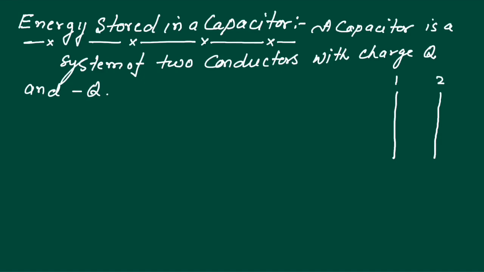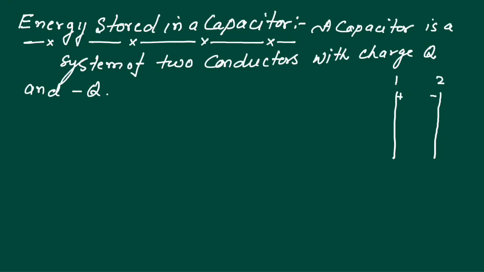So when we first transfer positive charge from plate 2 to 1, suppose this is the positive charge. As the second plate was neutral before transferring the charge, it will have the same amount of negative charge.